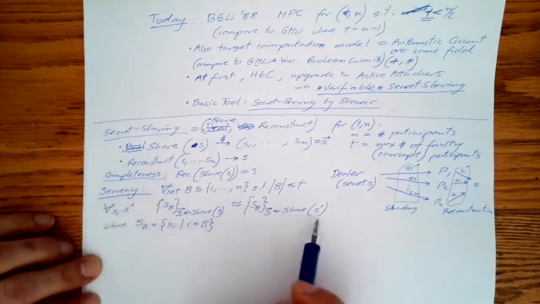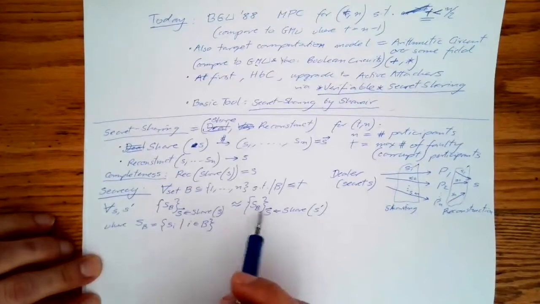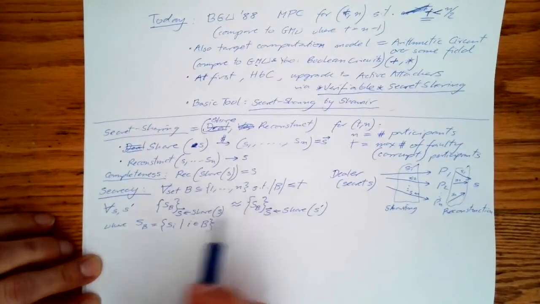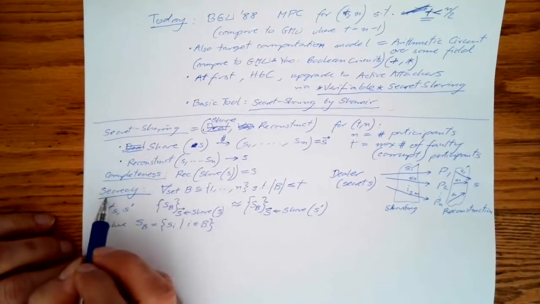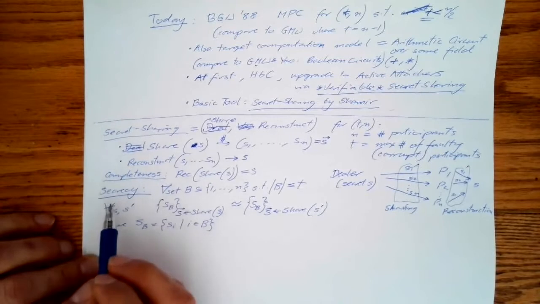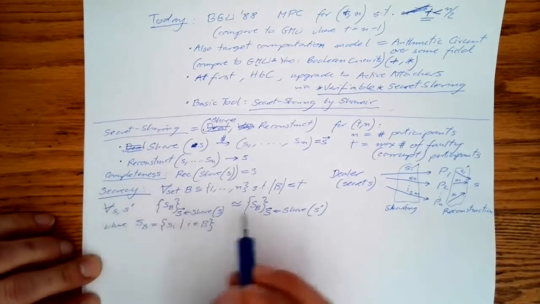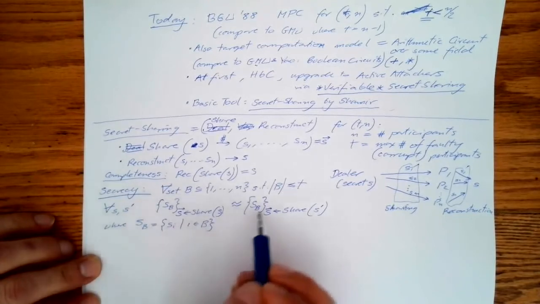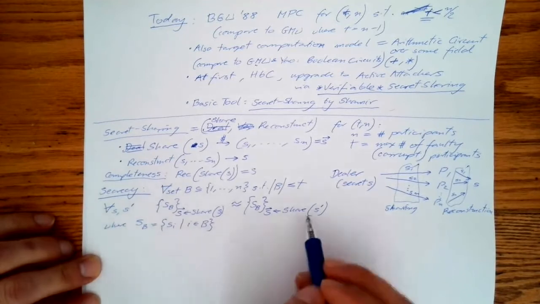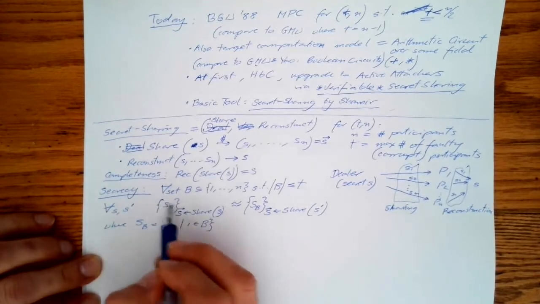In another scenario, what you shared is some other message M1, and the bad guys got the resulting shares at their indices. And we say that the secret sharing has a secrecy property if basically the bad guys cannot tell whether they are in this case or in this case based on their shares.